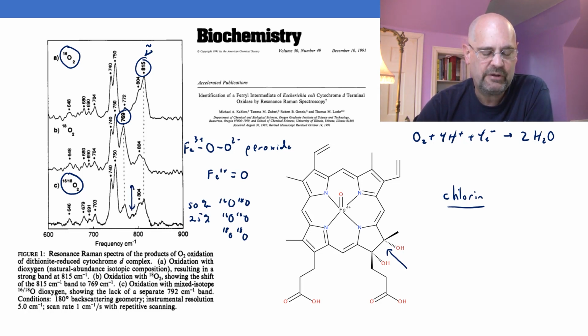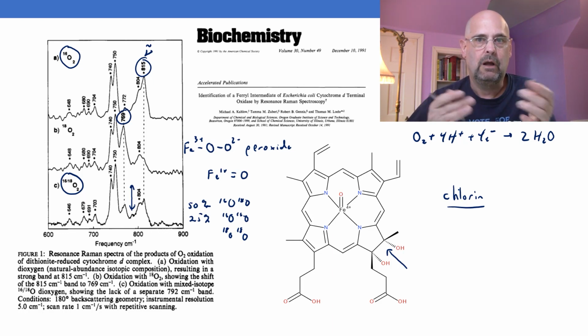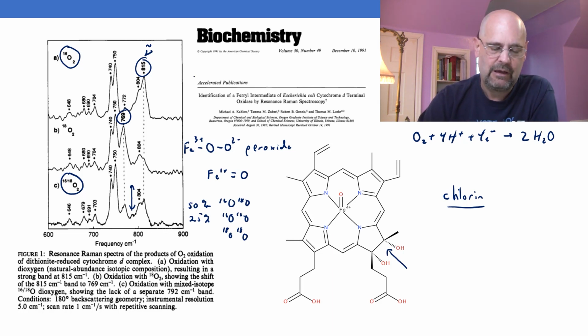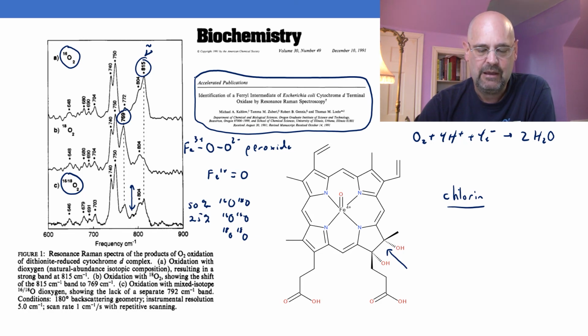We would see 25% at 815, 25% would go to 769, and 50% in the middle. Well, there's no band there. And so that told us that this had to be an iron 4 oxygen stretch, even though it really violated conventional wisdom because these were not stable. And you notice this is sort of my highlight here. This was an accelerated publication and was the front page publication in Biochemistry.